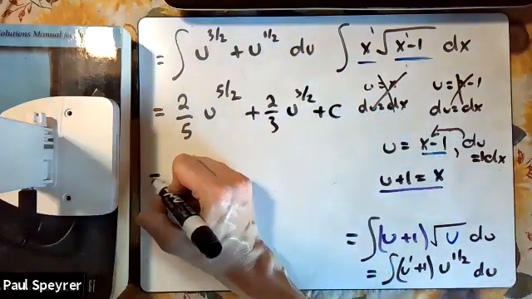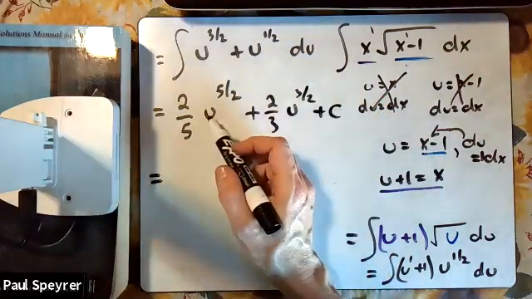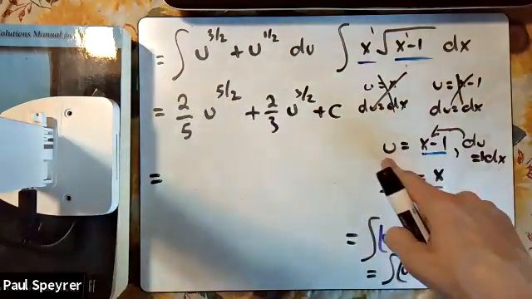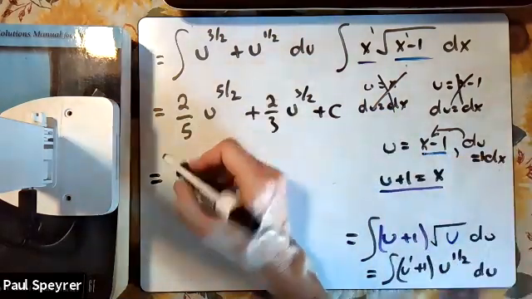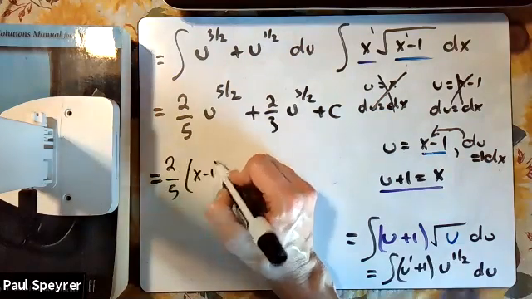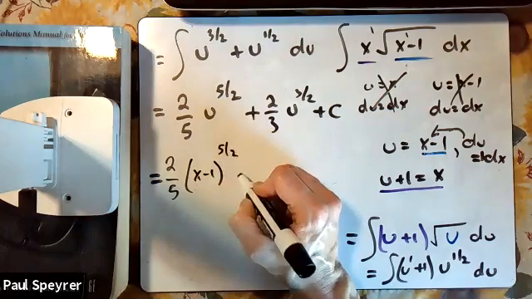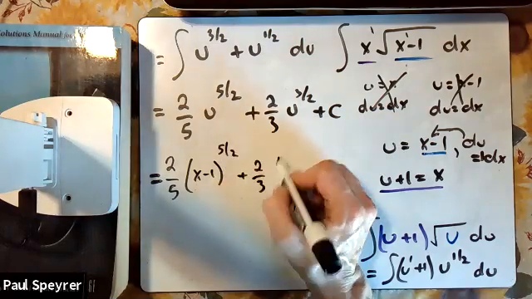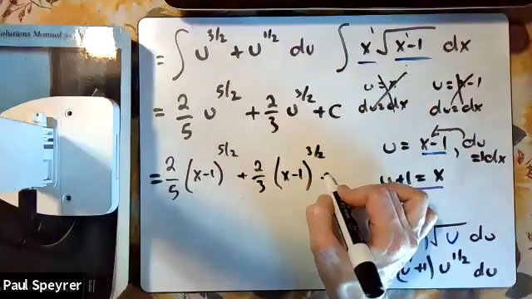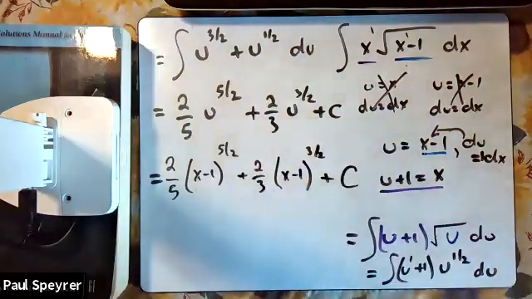Are we finished yet? No, because we have to go back to x. What's the relationship between u and x? u equals x minus 1. So you're going to have 2/5 times x minus 1 to the 5/2, plus 2/3 times x minus 1 to the 3/2, plus c, just like that.